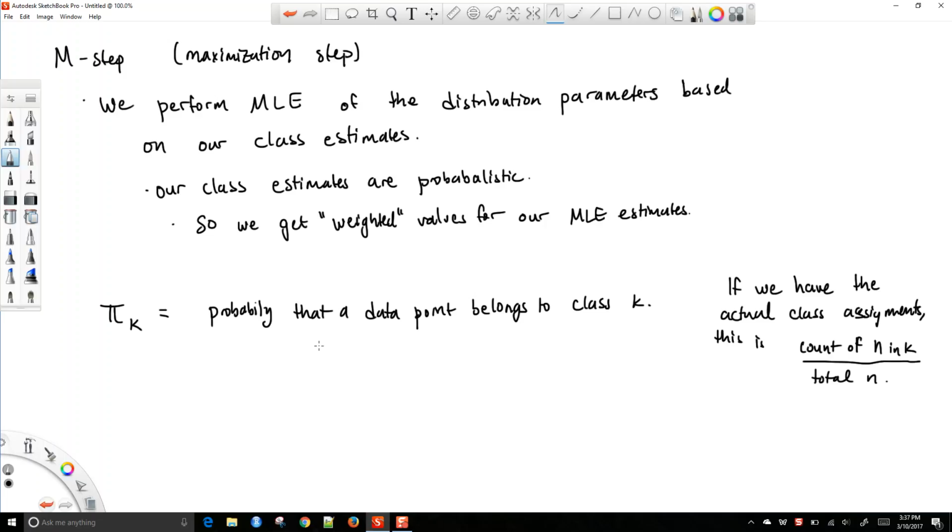With the probabilistic, we don't have the actual class assignments. So this just becomes the sum of q nk for a particular K, right?